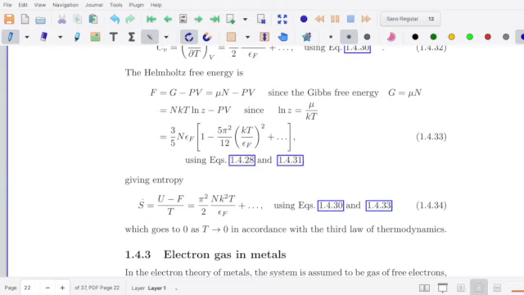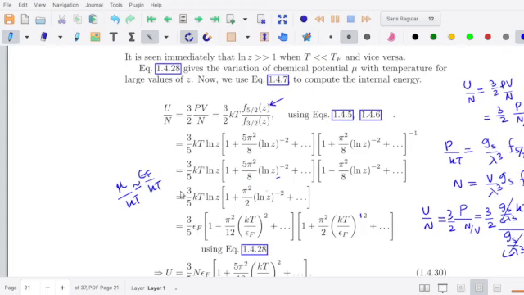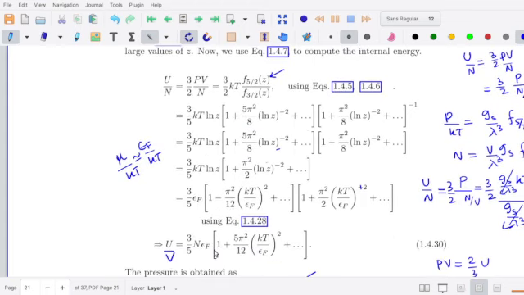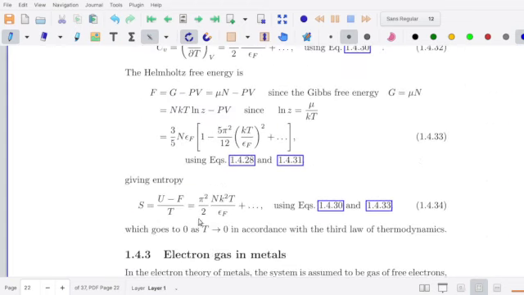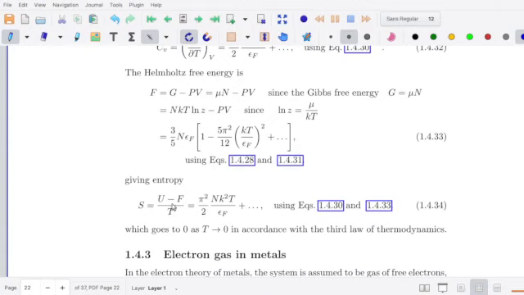Since F is equal to U minus TS, we can compute S as U minus F by T, and I have an expression for U which is given by this one, and we have an expression for F which is given by this. Substitute here, divide by T. The lowest order term is given by pi square by 2 n k square T by epsilon F plus higher order terms in temperature.